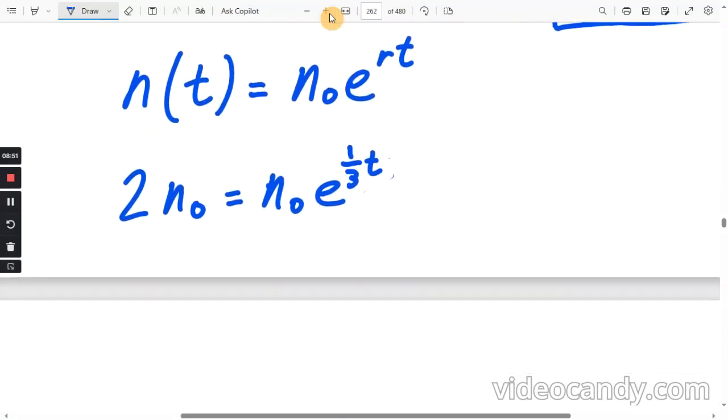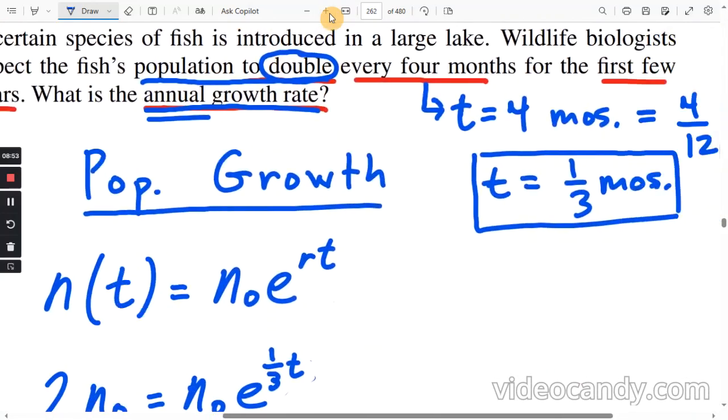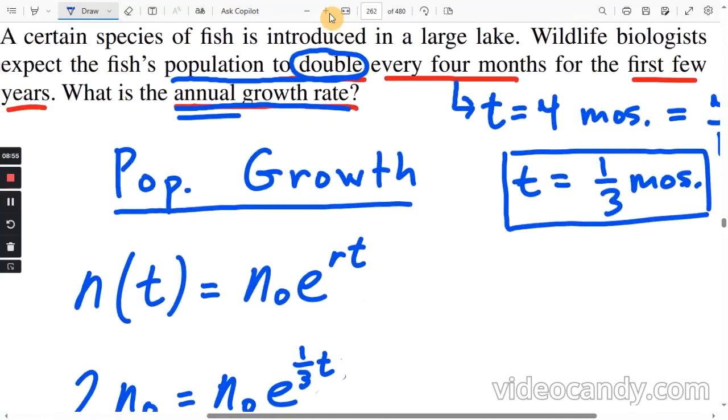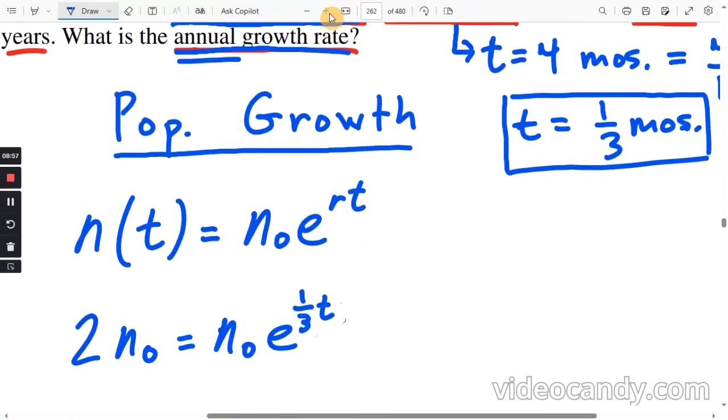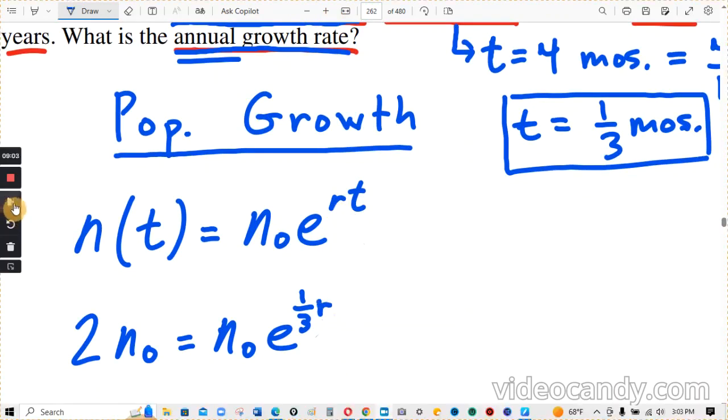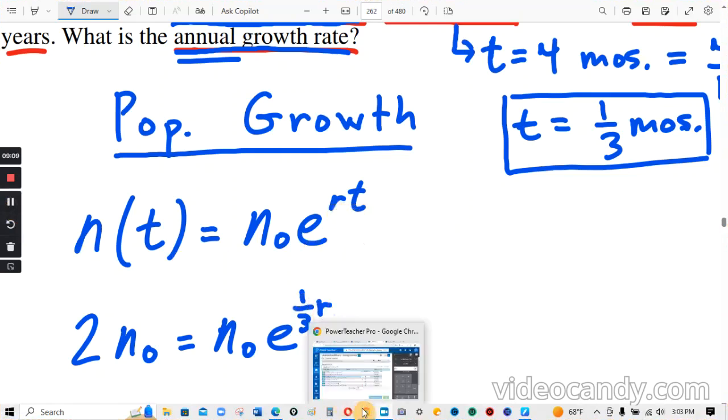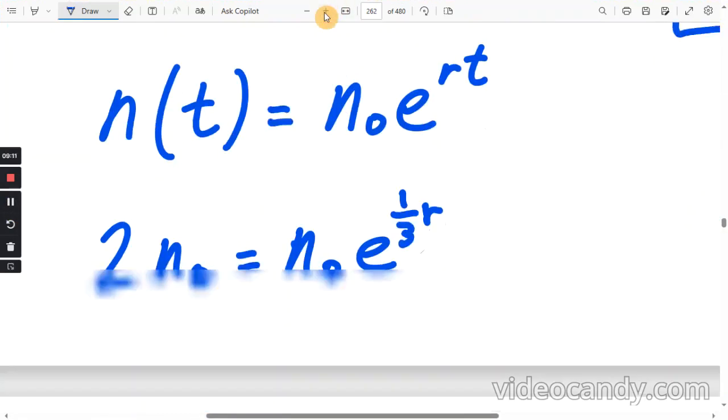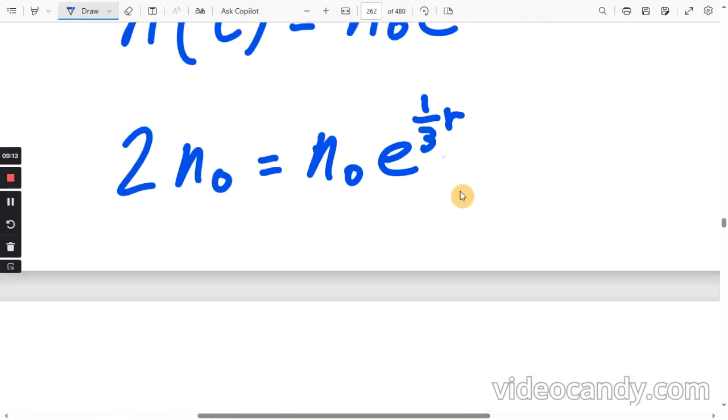All right, we're solving for r. t is 1/3, and r is the number times t. So it's 1/3 times r, or 1/3 r, same thing. All right, solving for r.